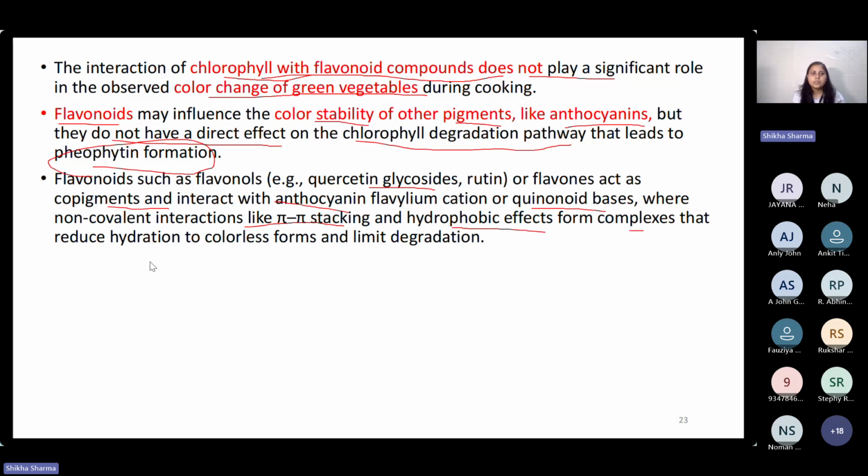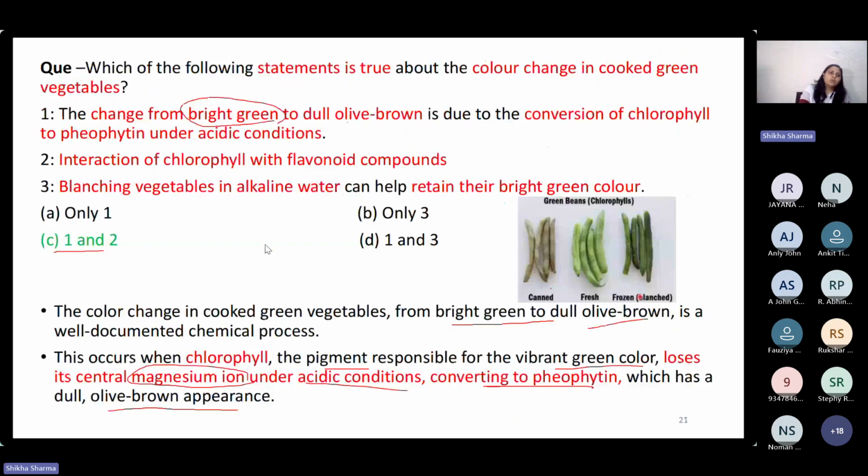That will reduce the hydration and reduce the color change going from color to colorless. So it will limit this degradation, but not in chlorophyll.